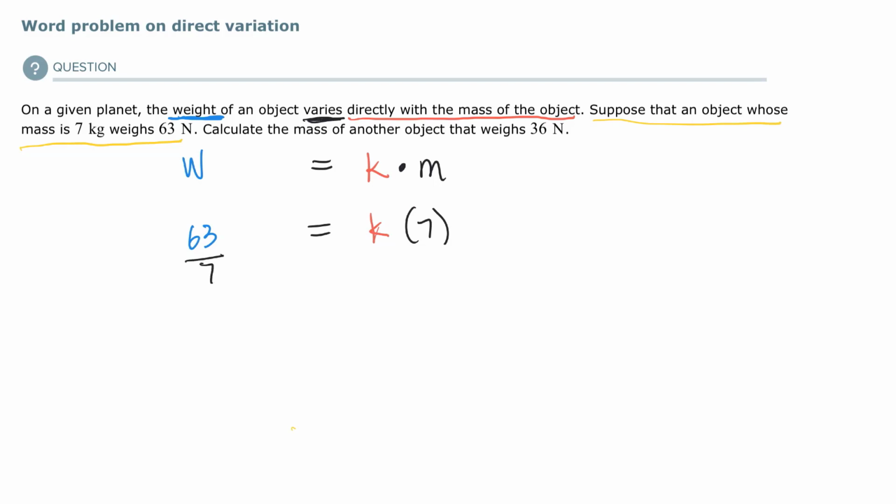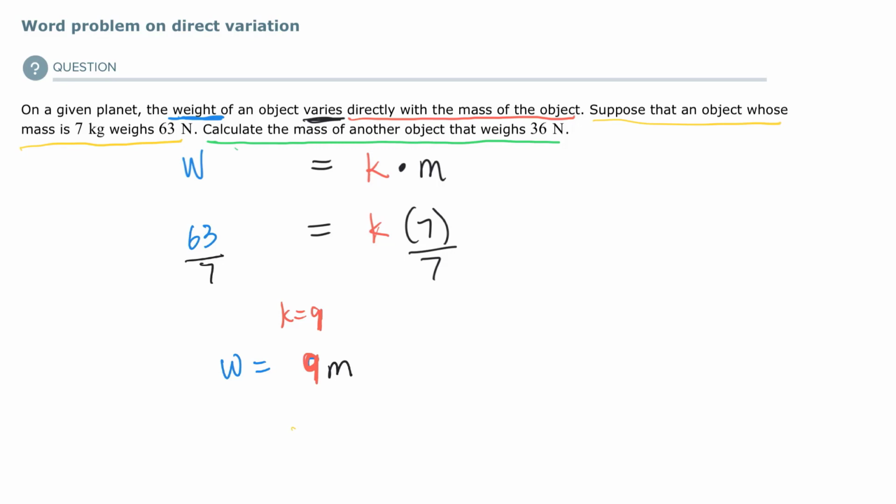We divide both sides by 7 because 7 is not 0, and we get K is 9. Now we rewrite our relationship. Our relationship is W is equal to 9 times the mass. And now we're ready to answer the last question. Calculate the mass of another object that weighs 63 newtons.